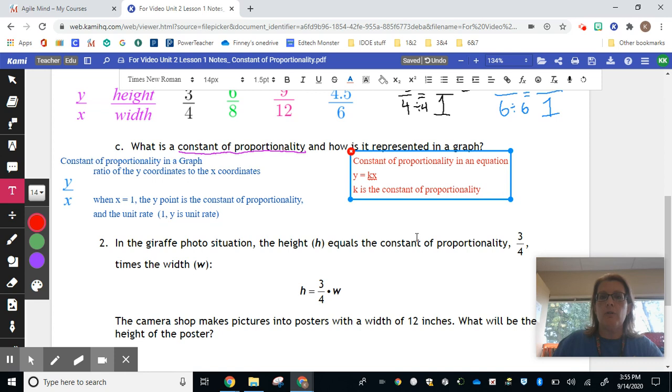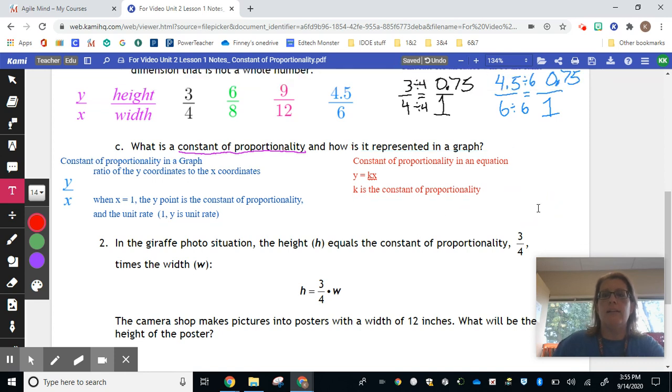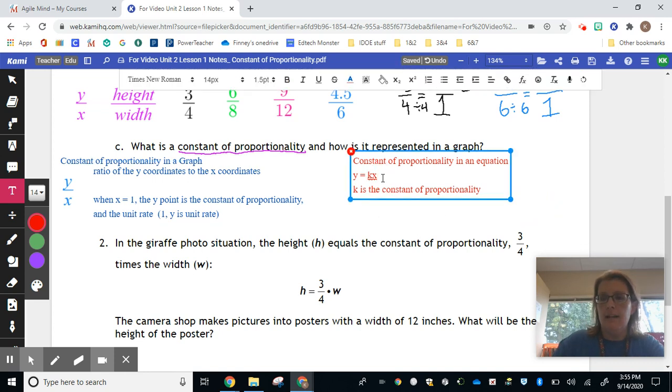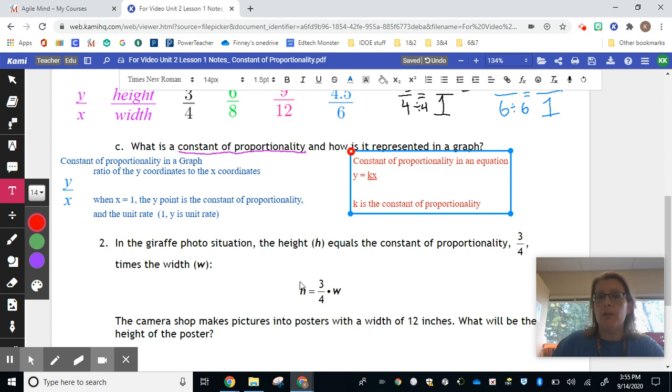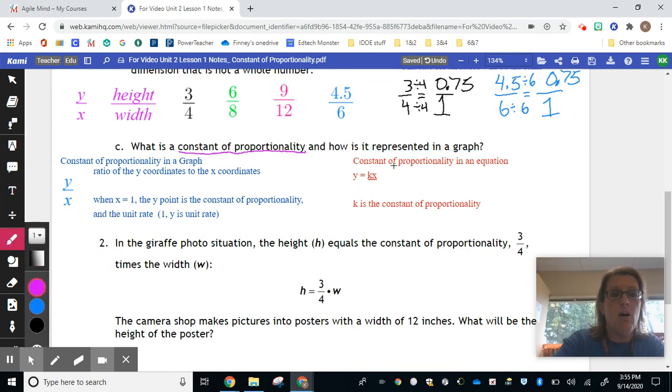So if you were ever looking for constant of proportionality in an equation, and sometimes they'll trick you, like they'll put an h and a w here instead of a y and an x, it's still always whatever number is in front of the x. So your constant of proportionality, your unit rate, is whatever is in front of the x.